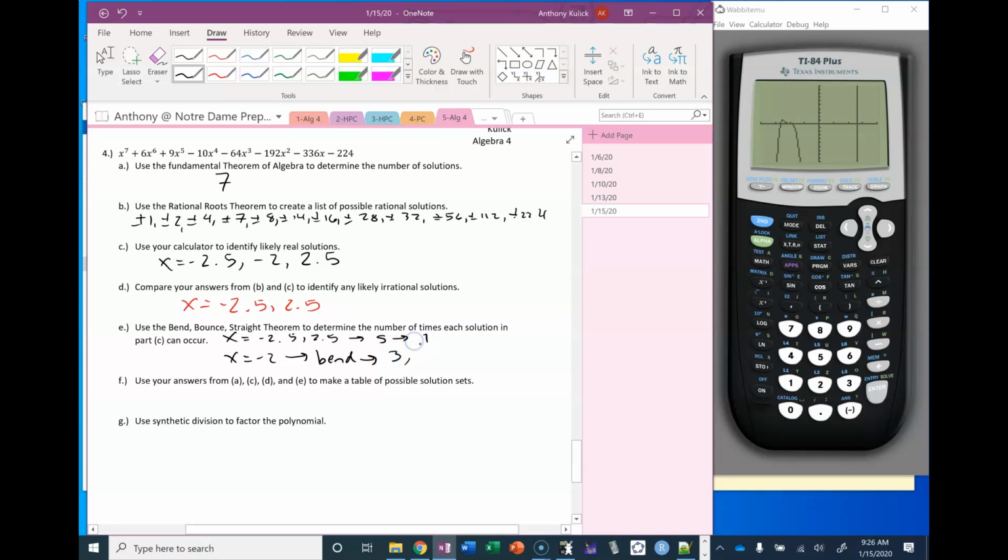Odd number, 3 or more, so 3 for sure. 5. Can we use 7 though? No, because we already have 2 accounted for up here, and we only have 7 total. So 5 is the most we could do. All right. So we'll do the same thing here. We'll make our table.